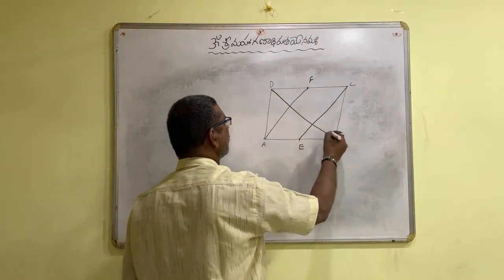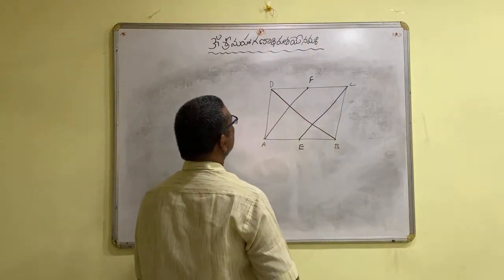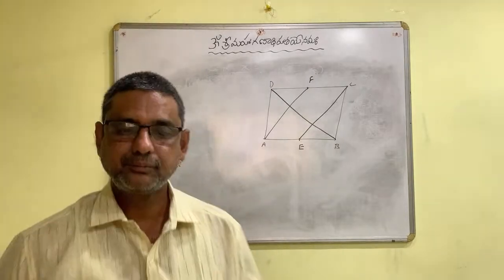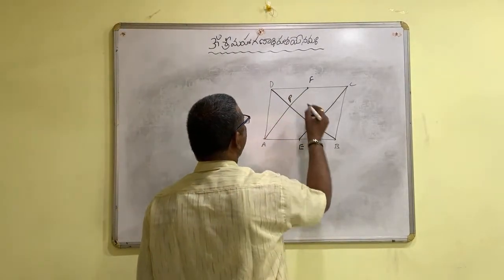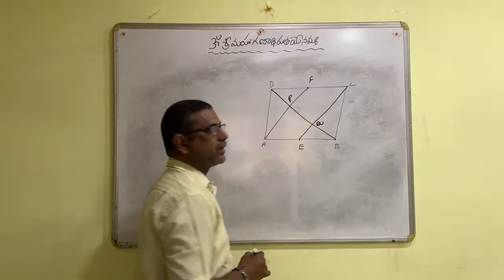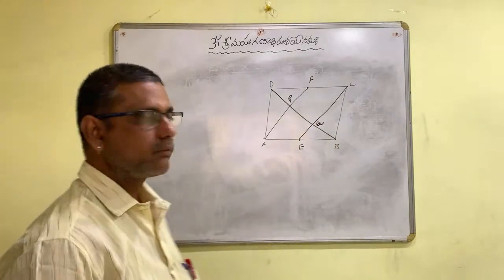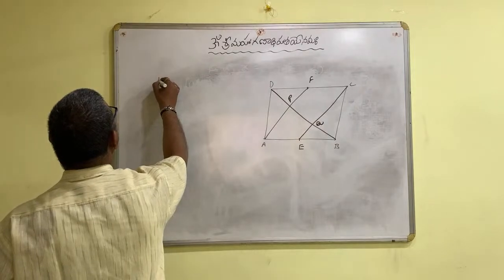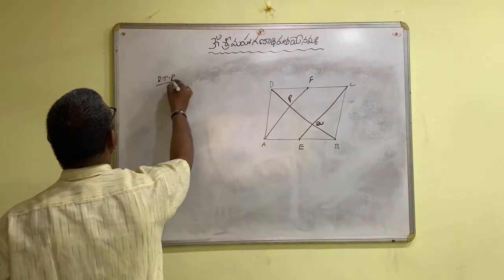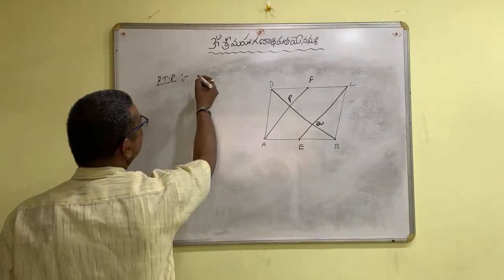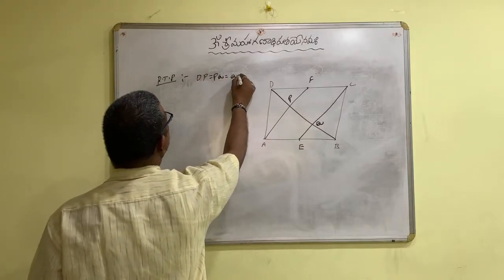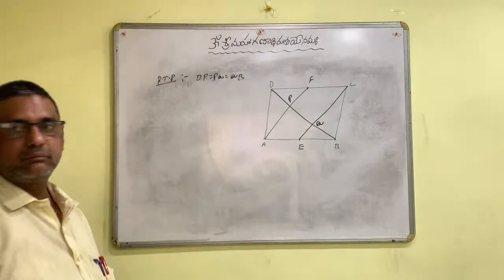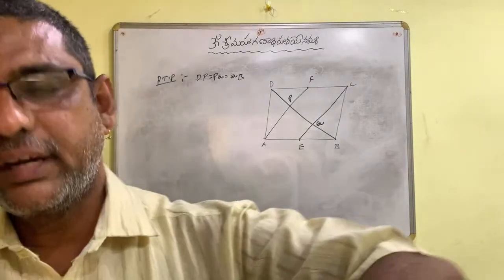Diagonal BD is drawn. So BD intersects AF at P and CE at Q. We need to prove DP, PQ, QB are equal. That is the question.